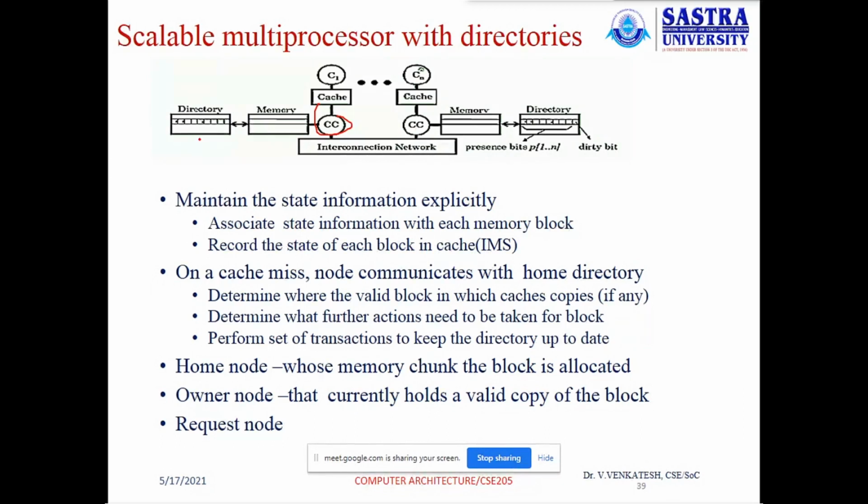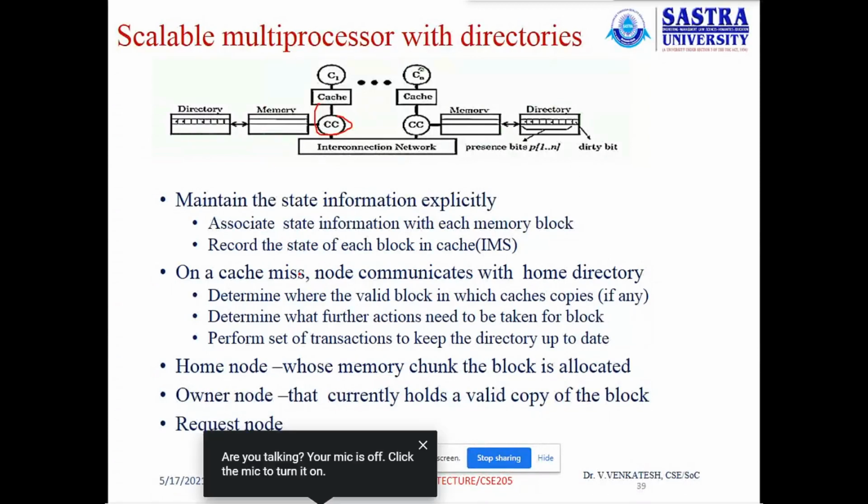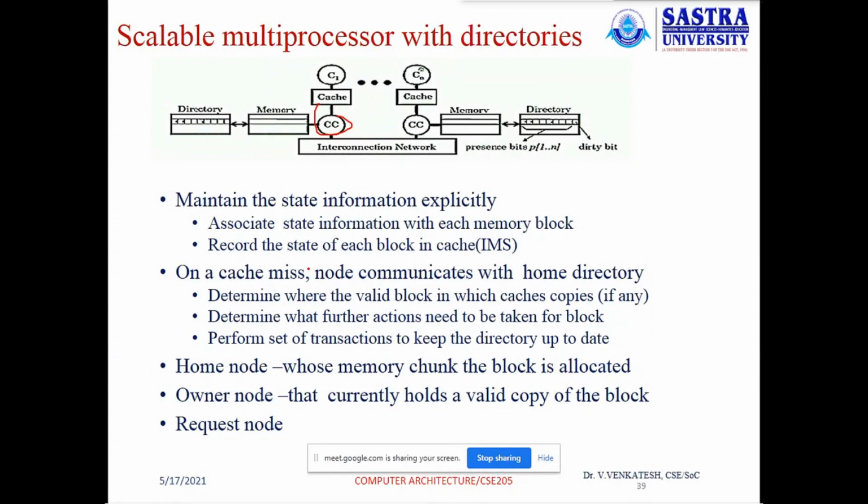So we have a directory. So we have a memory block. The memory block will specify what will be the state of that block. And then we are going to record the state of each block in that cache. So we have that cache information. So that information is going to be maintained by a particular directory.